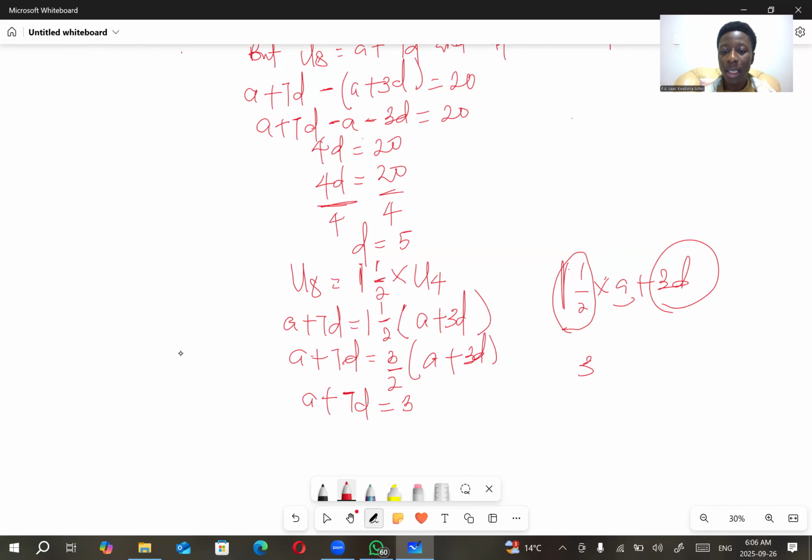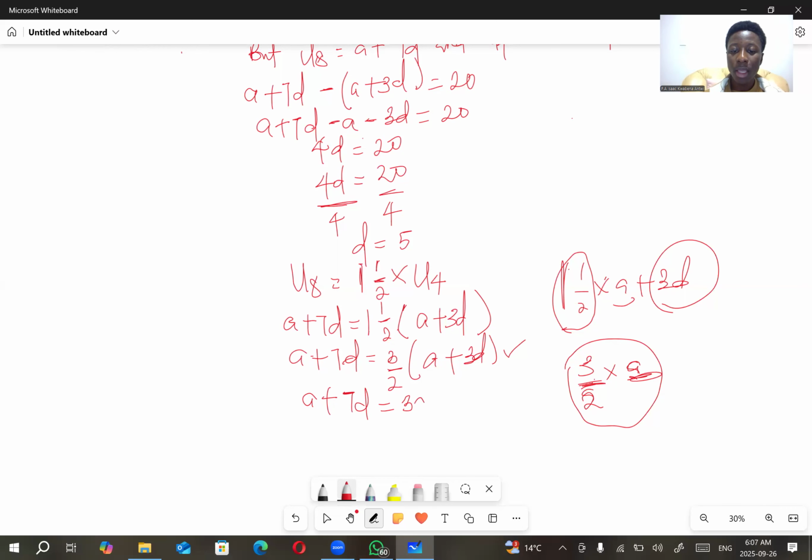So it's going to be 3/2 times A, 3/2 times 3D. And last time, remember what I told you, when you have a fraction multiplying a whole number, the fraction multiplies just the top. Do you understand?